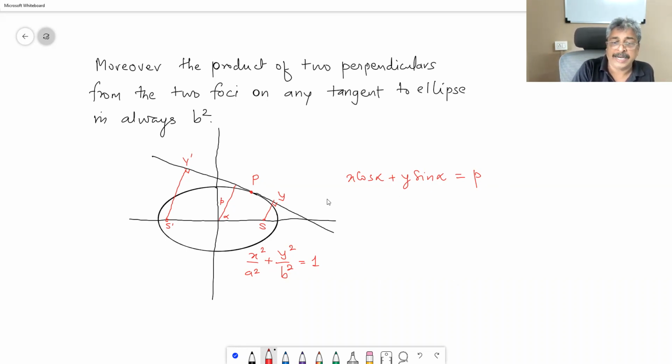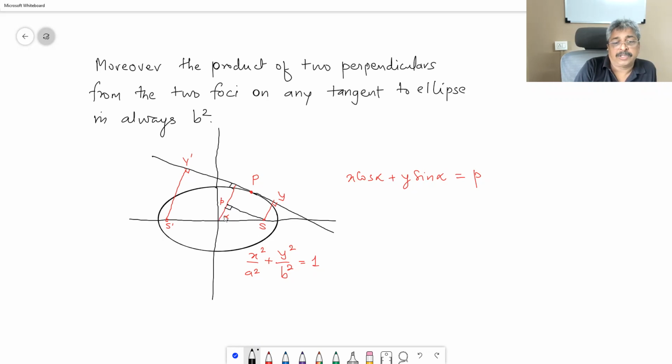We will use that a little later, but now you realize that these three lines are parallel, and therefore you can drop a perpendicular from here and it becomes a rectangle, right?